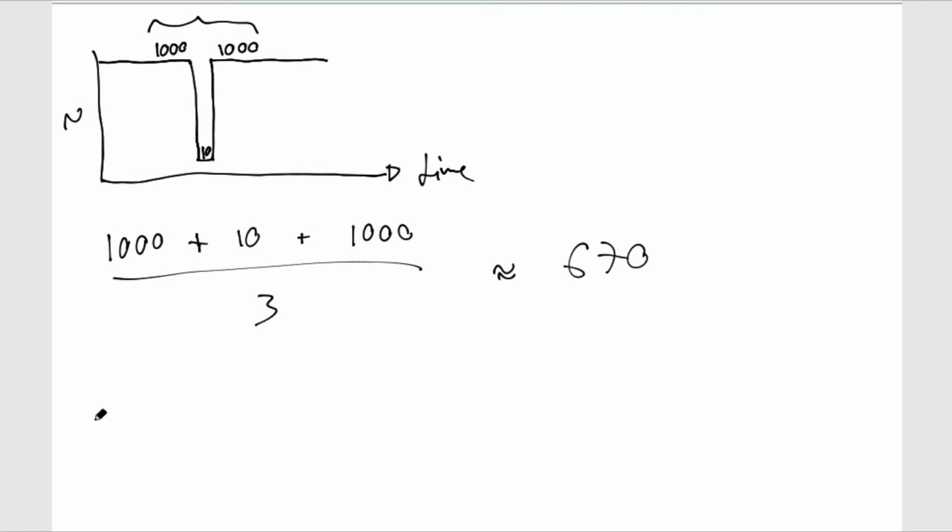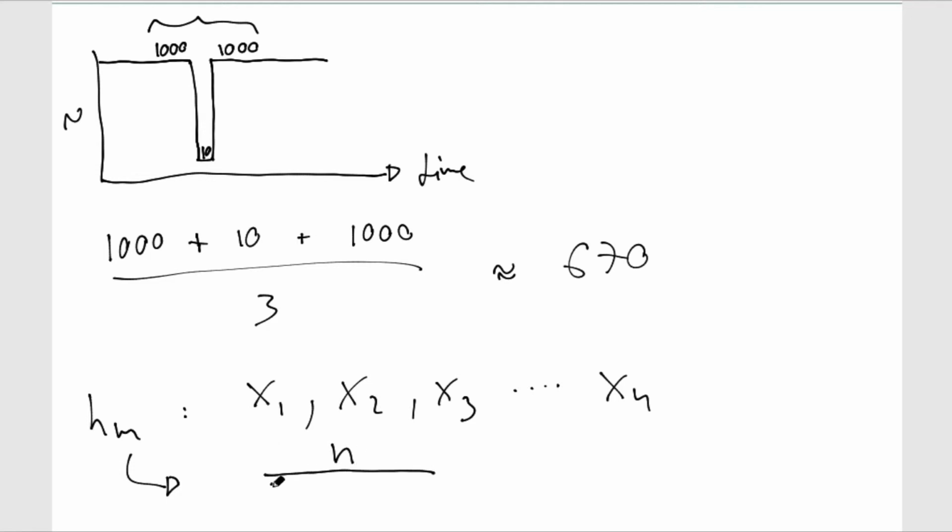And the harmonic mean of certain numbers, say, you have x1, x2, x3, and so on up to xn, is n divided by 1 over x1 plus 1 over x2 plus 1 over x3 plus and so on, until you come to 1 over xn.